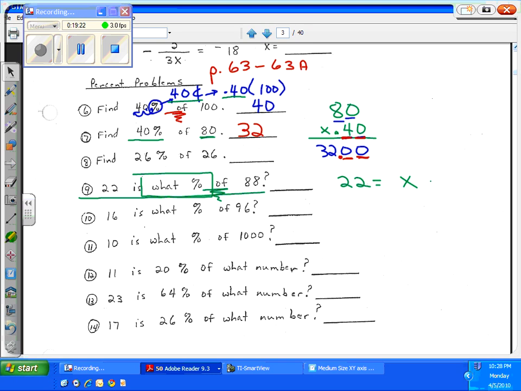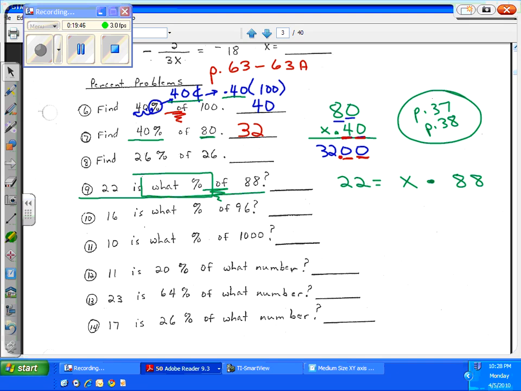Of means times 88. So if we think about page 37, page 38 of the Algebra 1 text, and we simply change words into mathematical symbols, we would have 22 equal x times 88.